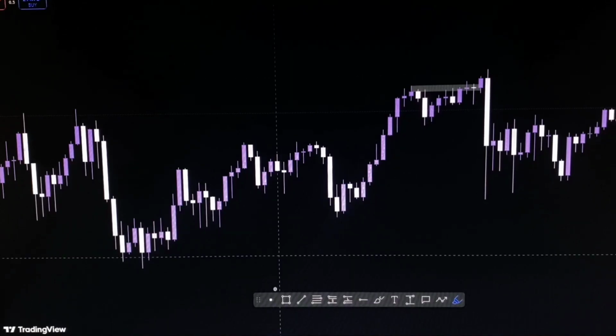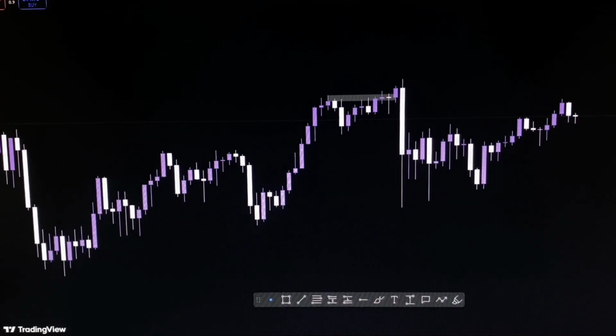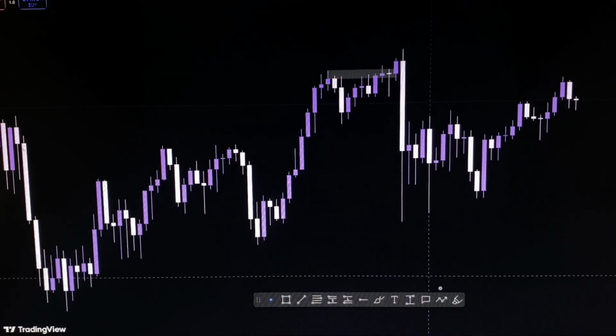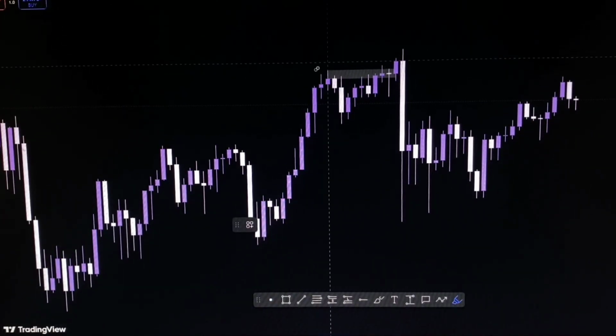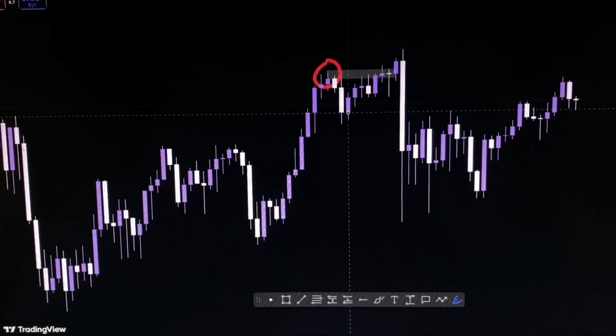Now on the chart, what can we clearly see? After price traded up at this point, we started seeing that the market wasn't willing to trade further up because we had this push, we tried again. So if we saw this first push right here, then definitely it signifies bearish presence, right?